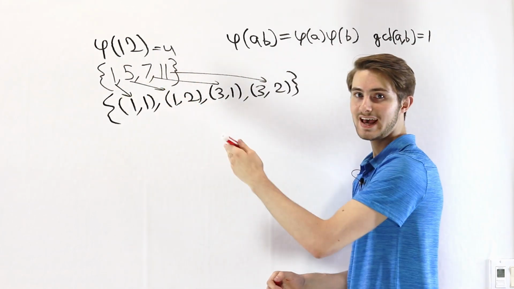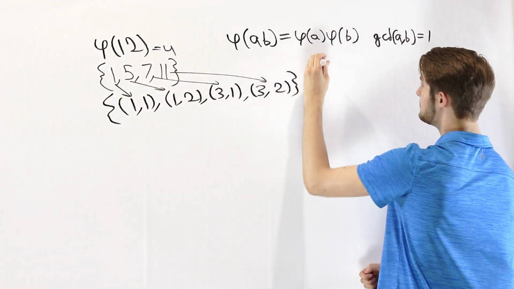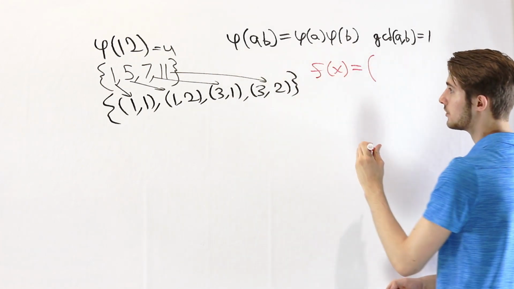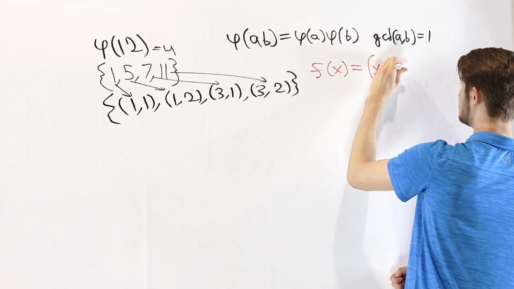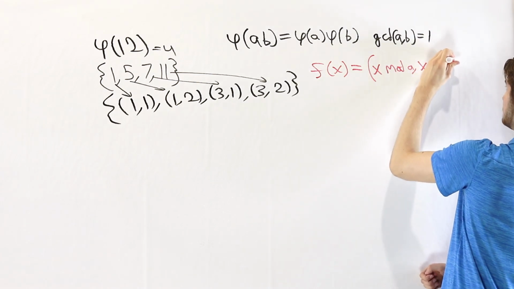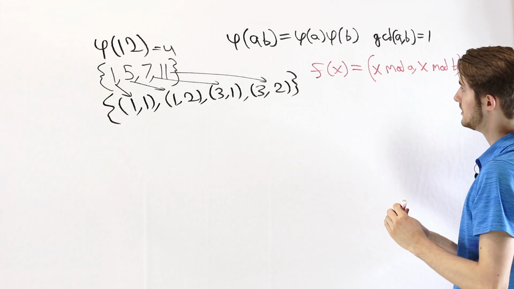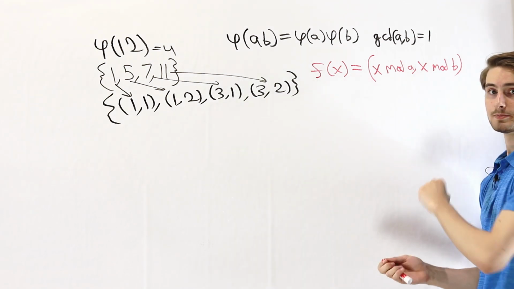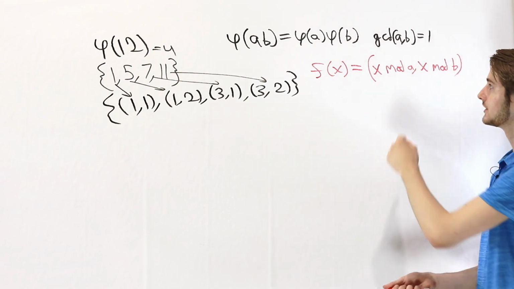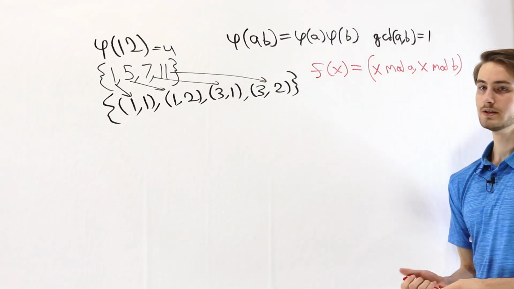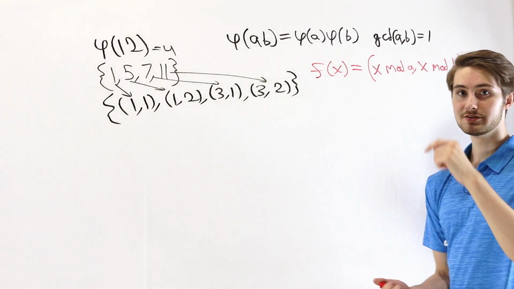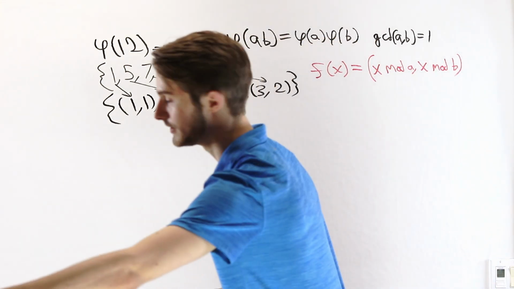For any element x that's in the first set, we're going to take f of x to be the ordered pair x mod a, comma, x mod b. Now this is an ordered pair where each number is x reduced mod one of the numbers a or b.